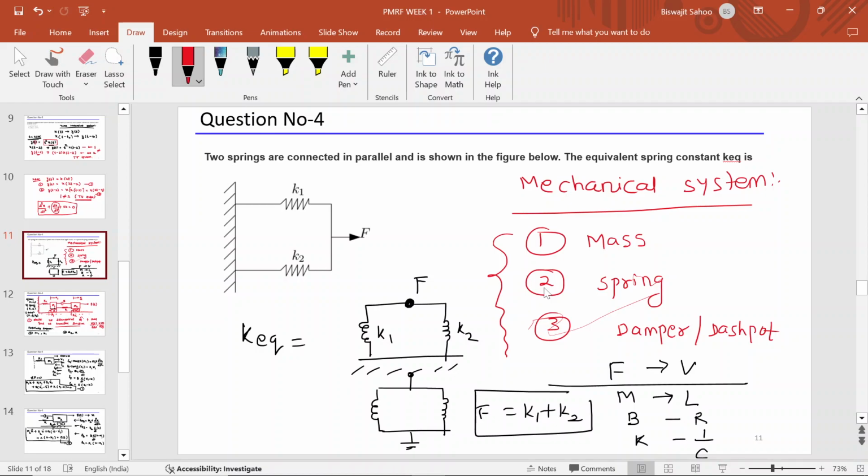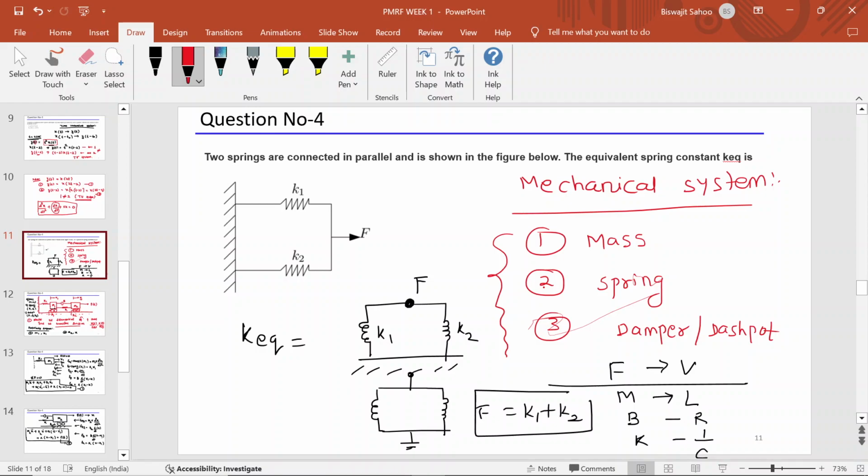If I consider force current, then the spring is 1/L. In both cases, the force current and force voltage analogy is the same. Only the way you are seeing the equations differs, but the resultant system will not change.